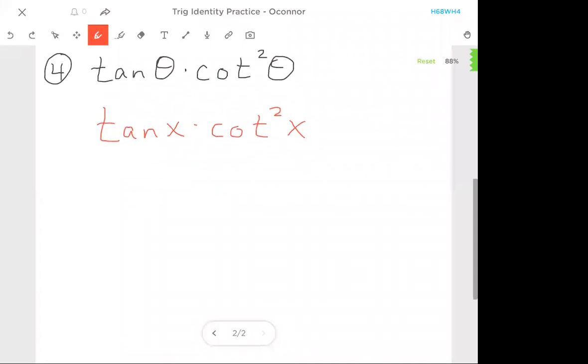So to solve this, I want to write things in terms of sines and cosines. So tangent is sine x over cosine x. And the cotangent squared is cosine over sine, so that's going to be cosine squared x over sine squared x.